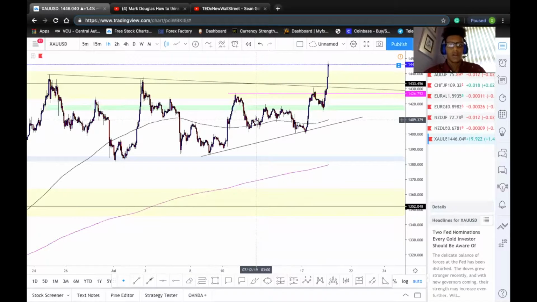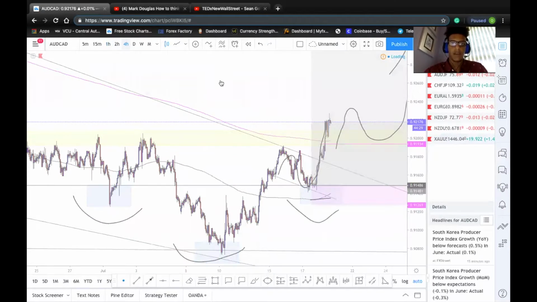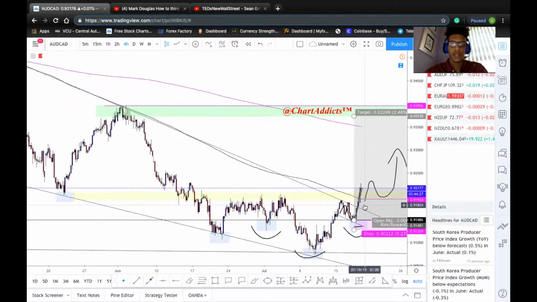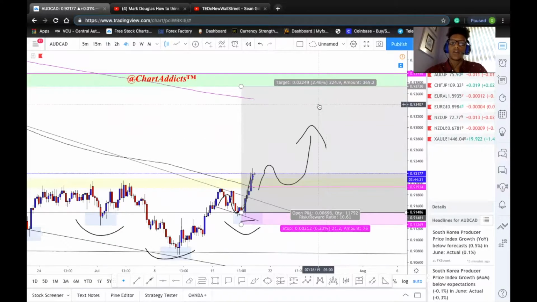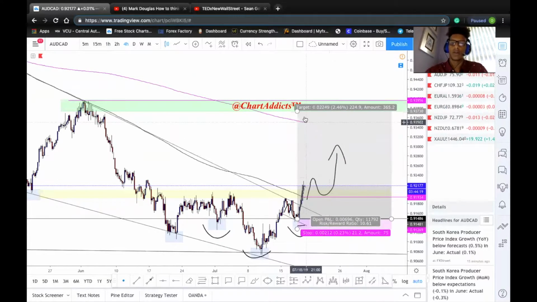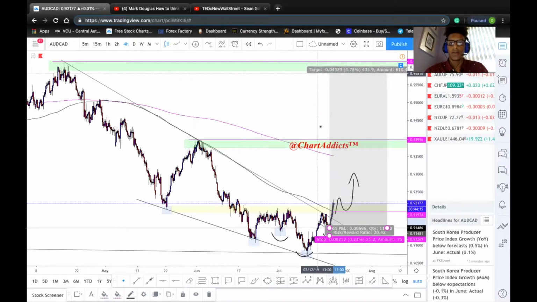All right, and just to recap, AUD CAD, we have our eyes on that. Again, we placed some buy limits right at this 200 MA, so we'd like for price to just come back, retest, and then continue another 200 pips or so. Next TP would be about 400.